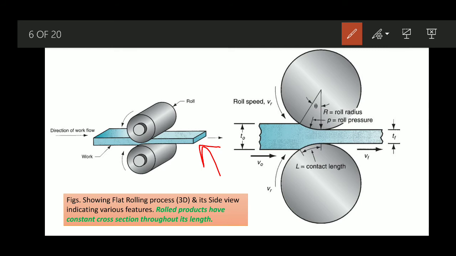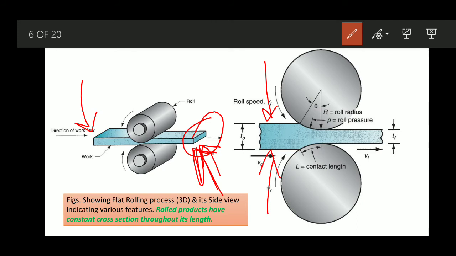In flat rolling, the cross section of the part is generally rectangular. From an initial rectangular cross section we get a final rectangular cross section, but if you compare the initial thickness and the final thickness, the final thickness is reduced during the rolling process.